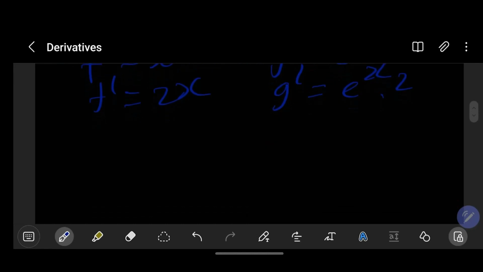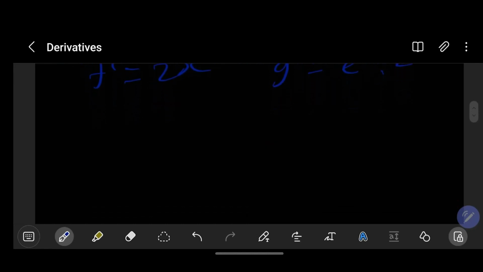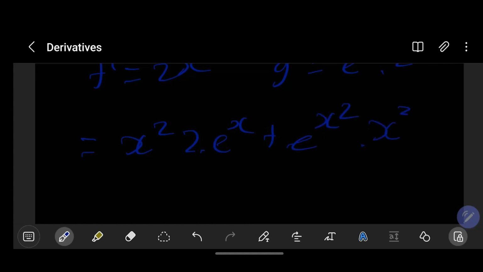So plugging this back into our product formula, we would have this equal to x squared times 2x e to the x squared plus e raised to x squared multiplied by 2x. So you can simplify this further if need be, but I just wanted to show you how that is used.